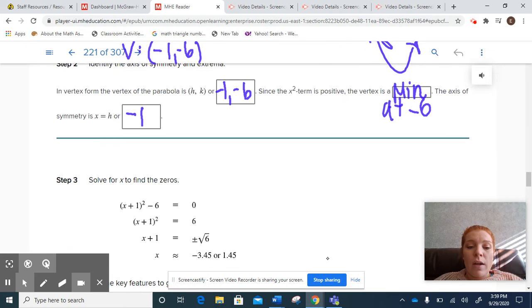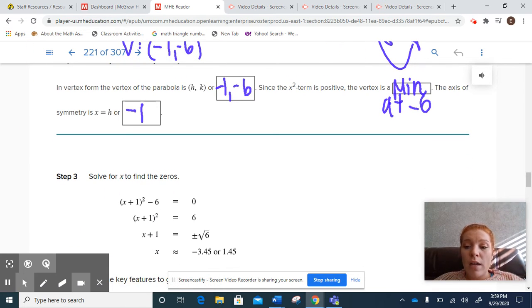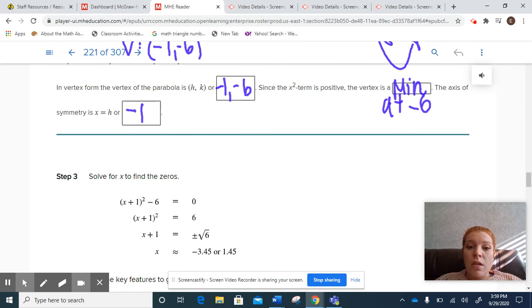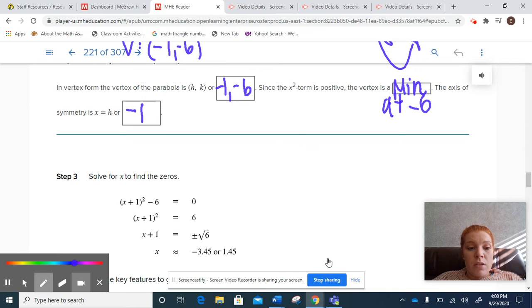Okay. So let's go ahead and take it from here. We'll go ahead and find zeros. So you can find the zeros or the x-intercepts by actually solving it out. And you can solve it out using the completing the square method as well as factoring. So we already know that we completed the square. It looks like this. We did all the hard stuff. Now you just have to go and solve it.